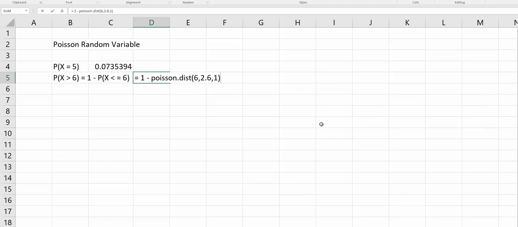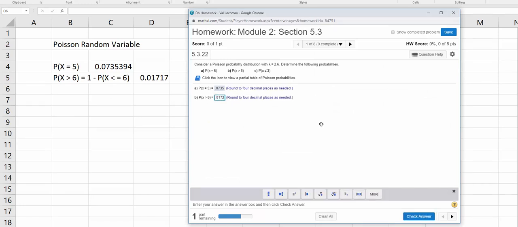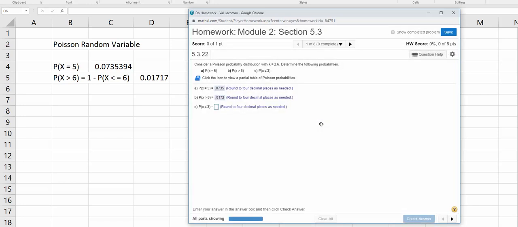Basically we're adding up all probabilities of x equal to 0, 1, 2, 3, 4, 5, and 6, and subtracting that from 1. We get 0.0172. Looks good.